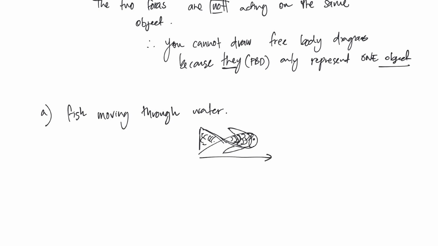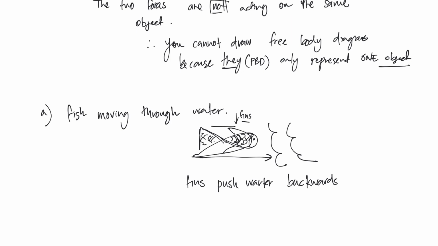Now, the only way that it's going to move forward is if it uses its fins. So what happens is the fins of the fish push water backwards. Right? So it pushes the water. So if I had water here, it pushes this way.